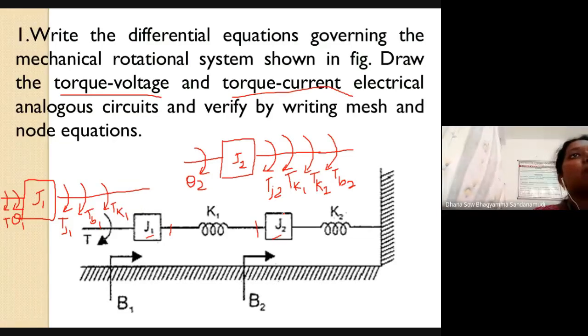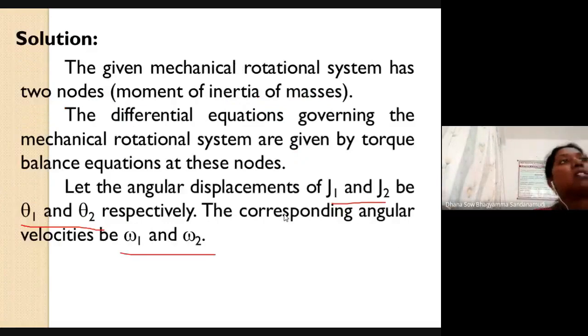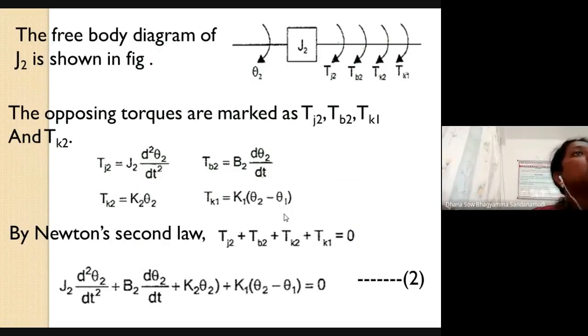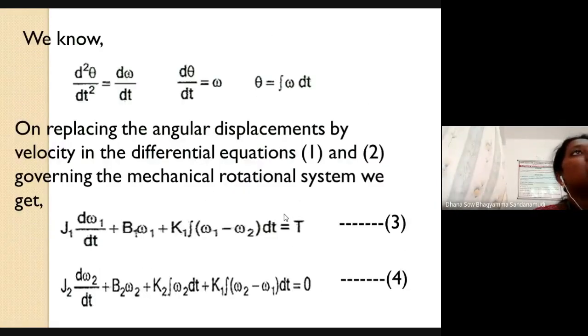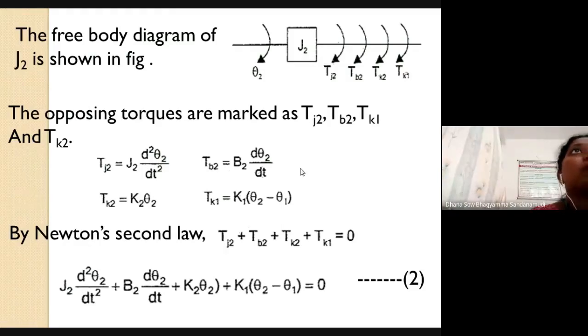So the summation of opposing torques will be equal to 0 according to Newton's second law. So these are the opposing torques: TJ2, TB2, TK2 and TK1.